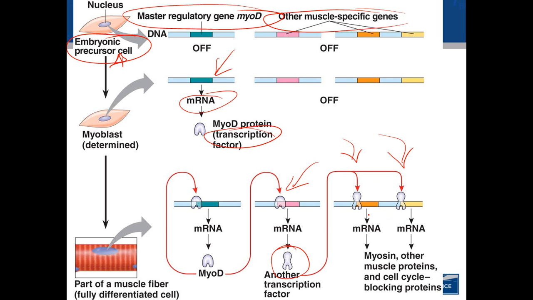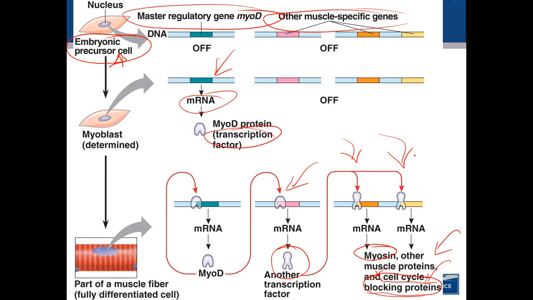And so when these genes are activated, it starts producing myosin, which is a muscle protein, and other muscle proteins. And in addition to that, the transcription factor will turn around and go to a cell cycle gene and actually block the production of cell cycle proteins.